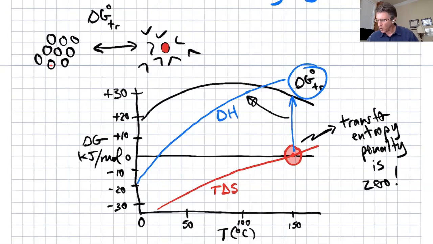Okay, so the way to think about this is that at this temperature, even though the entropy cost of that transfer is basically 0, the clathrates can't form, yet the hydrophobics are still insoluble, which means the hydrophobic effect is still very, very strong.